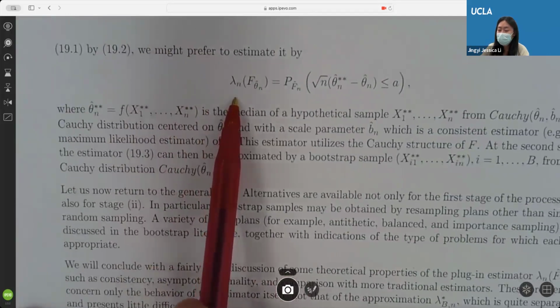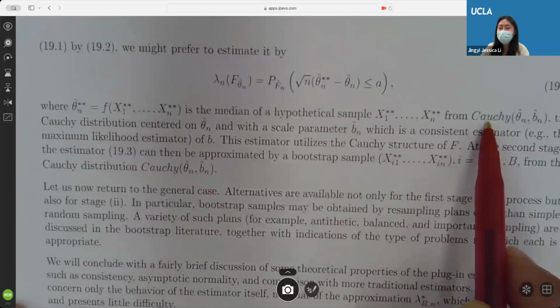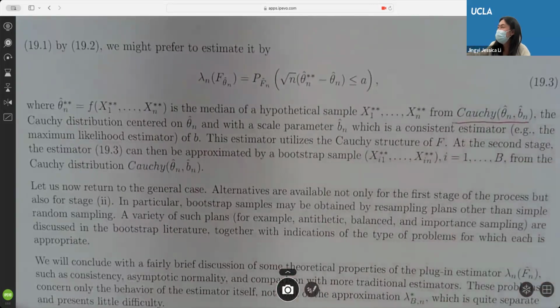In this case, your hypothetical sample is now sampled from the fitted Cauchy distribution instead of from the sample x1 to xn. You're still doing the sampling, but the distribution you sample from is no longer an n-valued discrete distribution, it is a Cauchy distribution. It's just that its parameters are estimated from your actual sample. And this is called the parametric bootstrap.